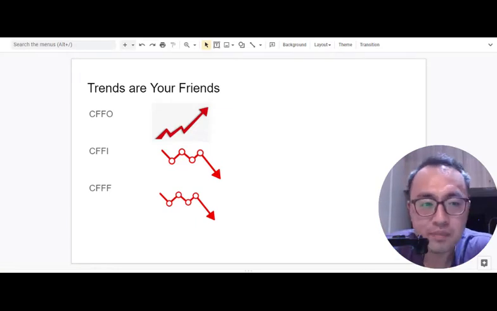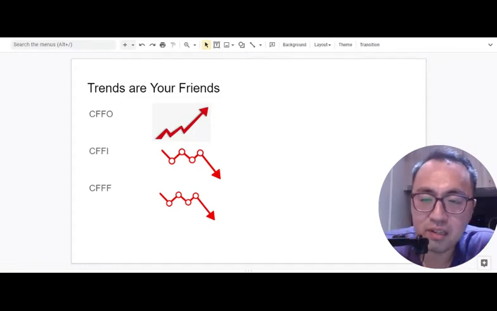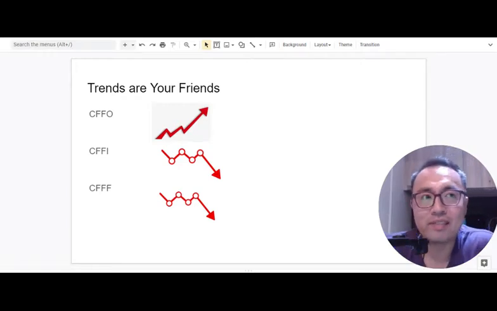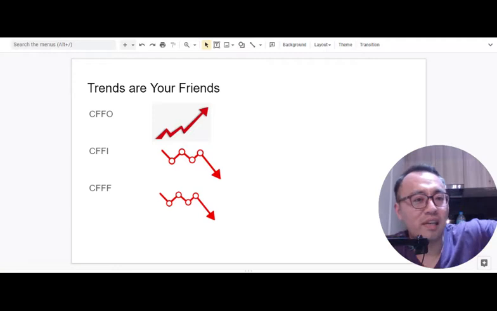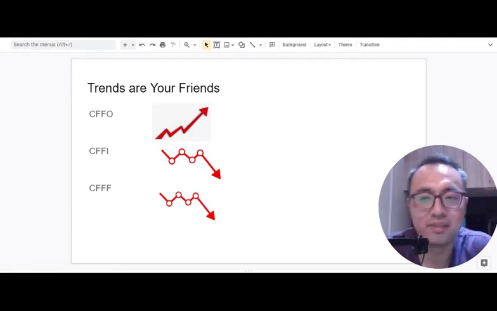So you see, that wasn't very intuitive. You would think that cash flow from financing should always be positive. No, that means you're taking on more debt. You're selling more shares, diluting more shares.